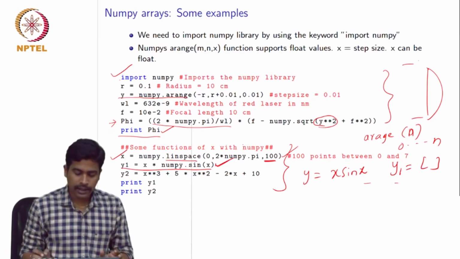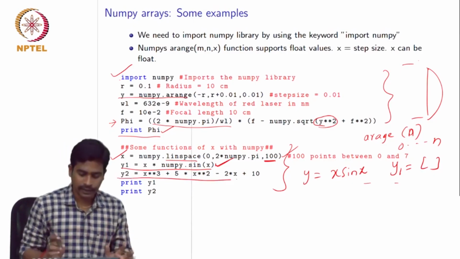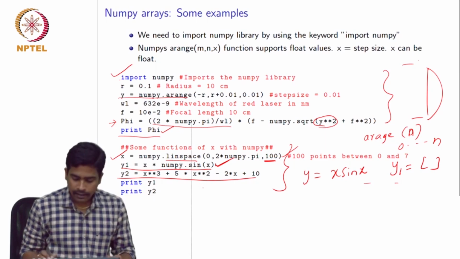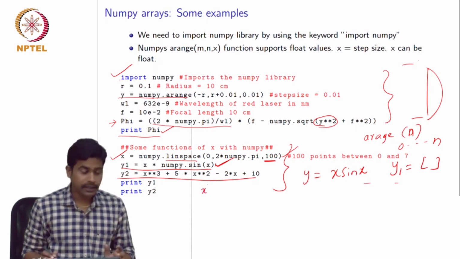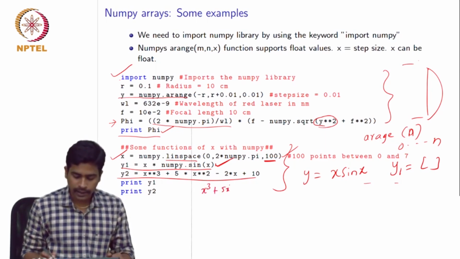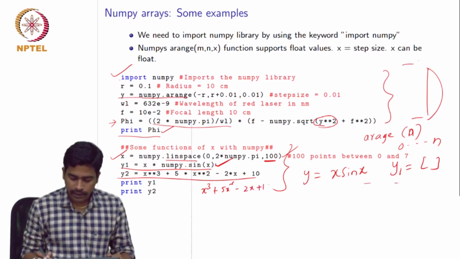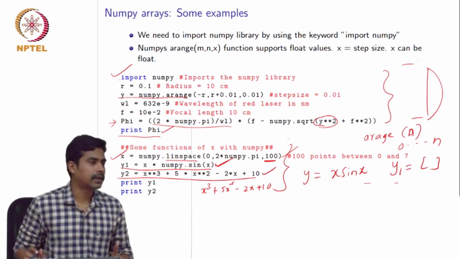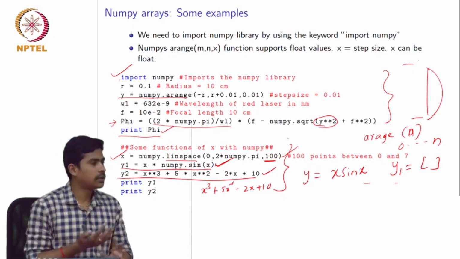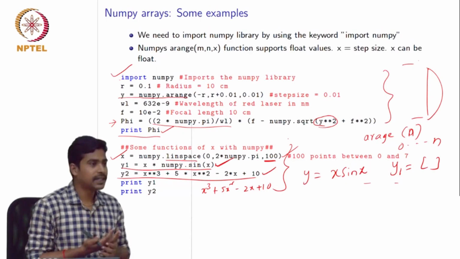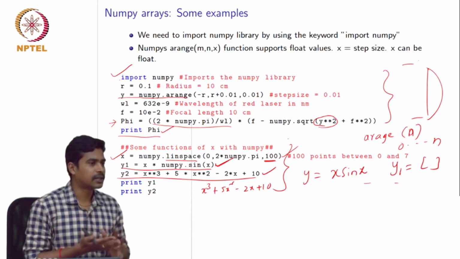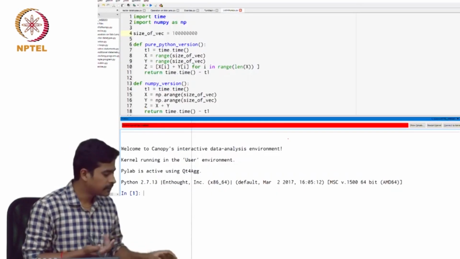But in NumPy we can just write this expression and it will calculate the values. And in the second expression, I am calculating this cubic equation, x cube plus 5x square minus 2x plus 10, in just one simple statement. Okay, I hope you all understood how easy it is to write the equations or expressions in NumPy compared to a for loop.